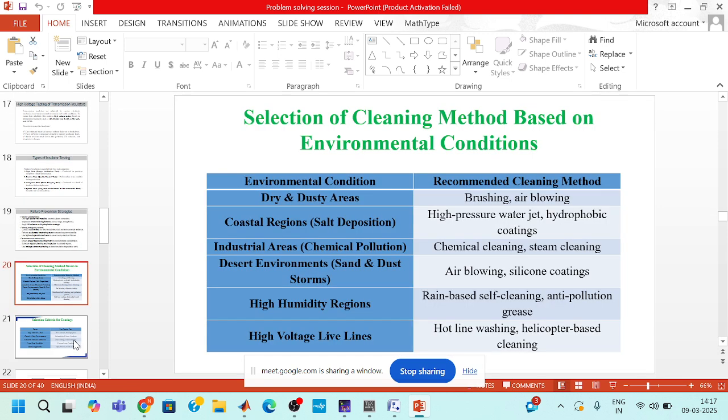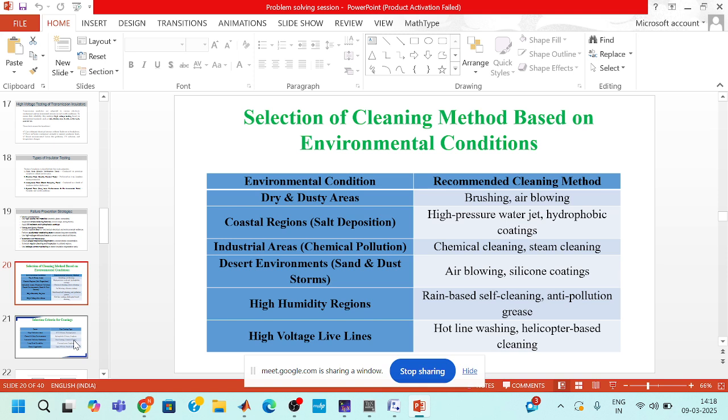Okay, so now there are some cleaning methods which are selected based on environmental conditions. For dry and dusty areas, the recommended cleaning method is brushing and air blowing. For coastal regions or salt deposited regions, we recommend high pressure water jet and hydrophobic coatings.